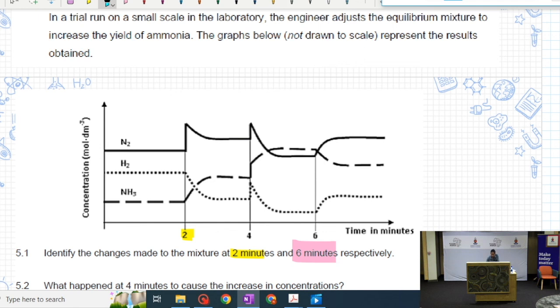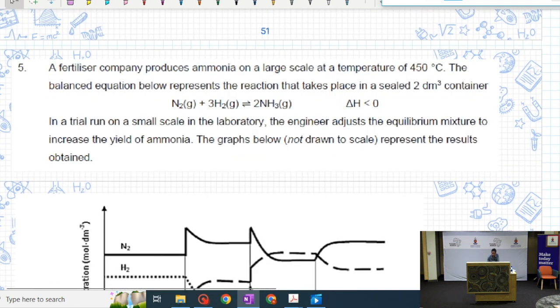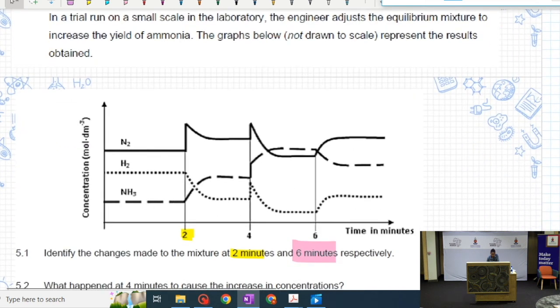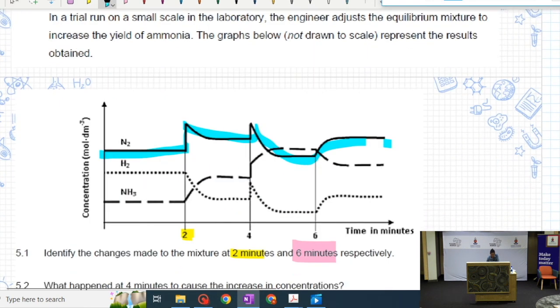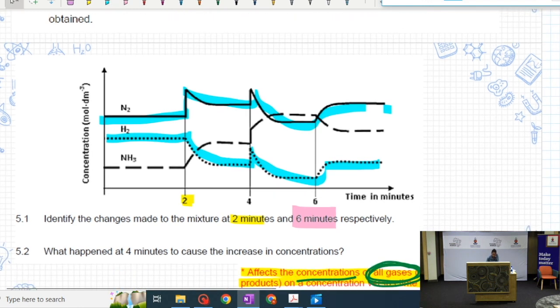So in this case, our reactants are N2 and H2. So here is N2, that is its graph. And we have, did I say H2? Yes, here's our H2. All right, they are overlapping, which makes it very confusing. We're almost done, guys. So at 2 minutes, what is the immediate change that you see?